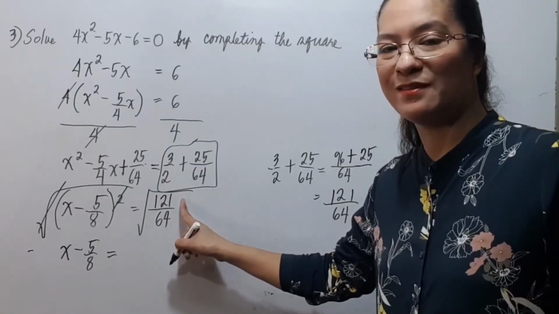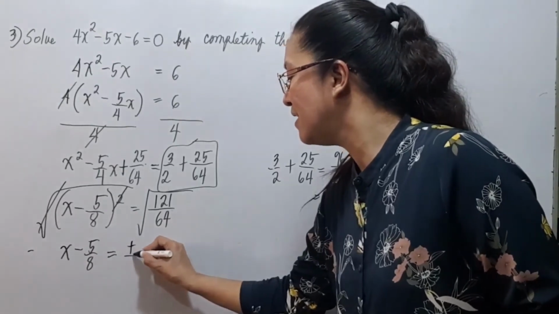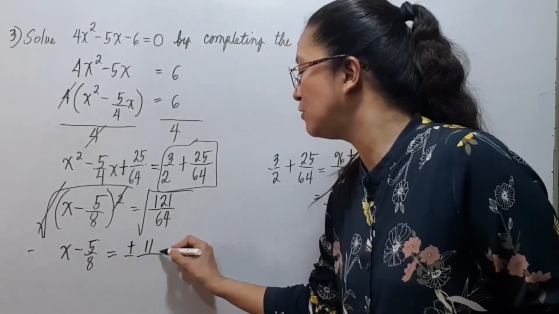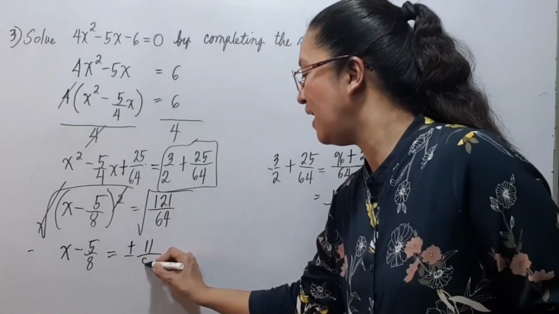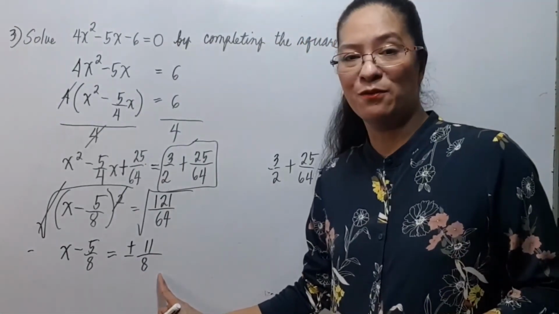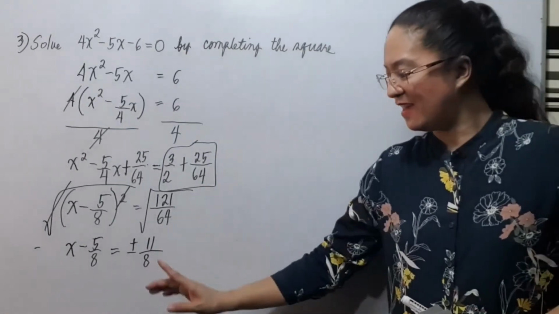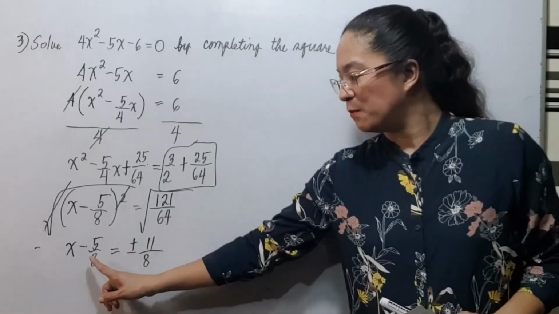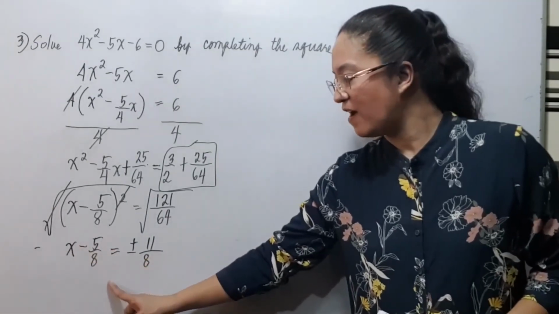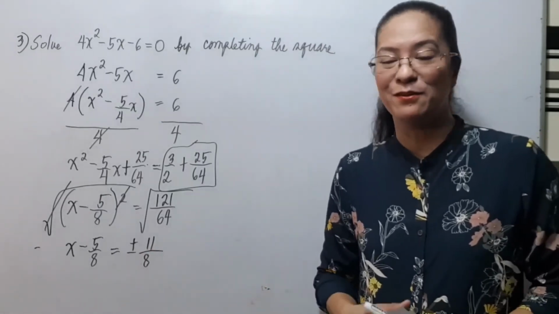Square root of 121 is, okay, positive, negative, 11. Square root of 64 is 8. So, that's positive, negative, 11 over 8. Okay, so, we have here x minus 5 over 8 is equal to positive, negative, 11 over 8.